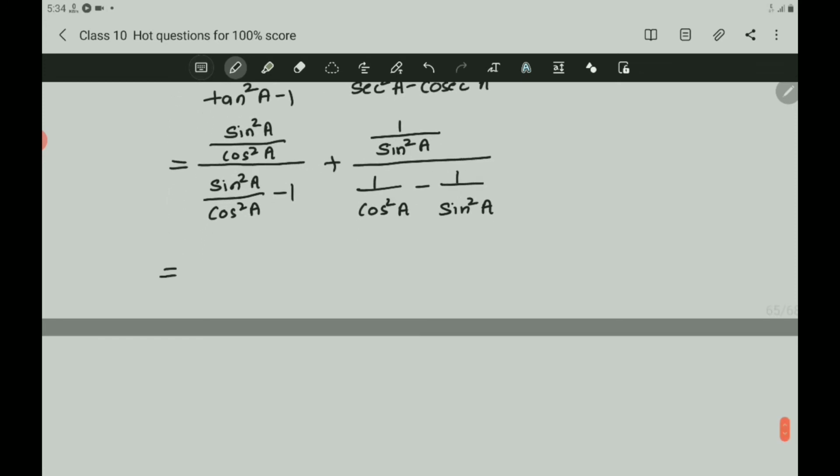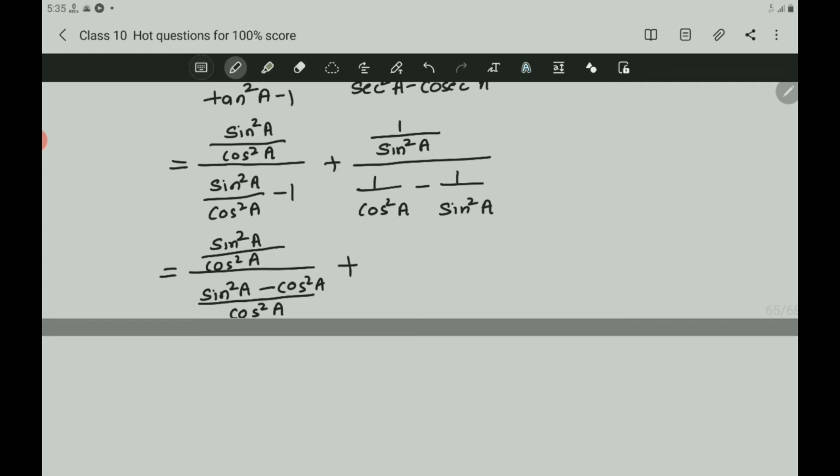Here you write sin²A by cos²A as it is. Here you take the LCM. The LCM is cos²A. The numerator becomes sin²A minus 1 into cos²A is cos²A.